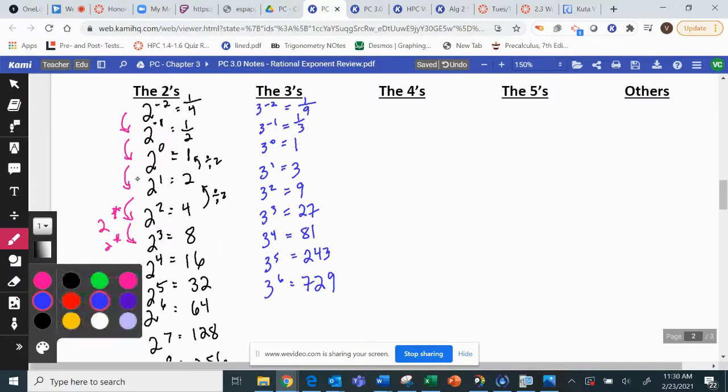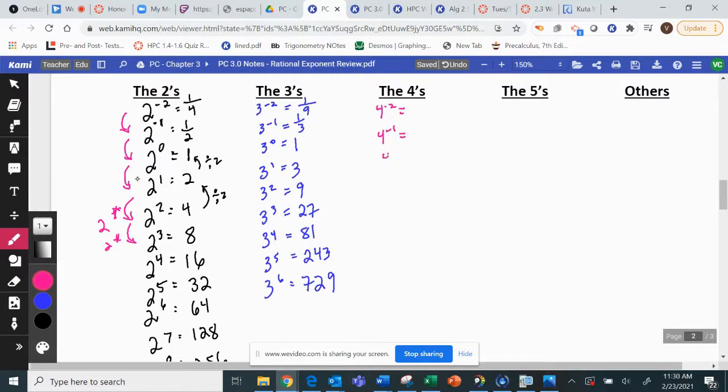Okay, the 4's. Okay, 4 to the first is 4. To the second is 16. To the third is 64. And to the fourth is 256.